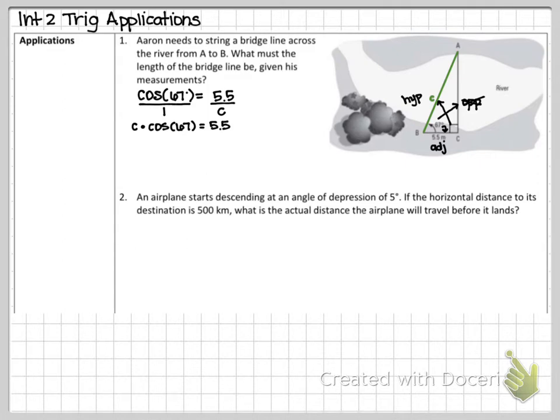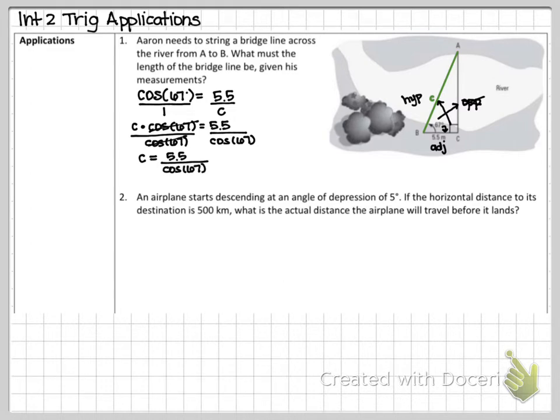Then I need to get rid of that cosine 67, so I'm going to divide both sides by cosine 67. Cosine 67's cancel on the left. So the exact length is 5.5 divided by cosine of 67.